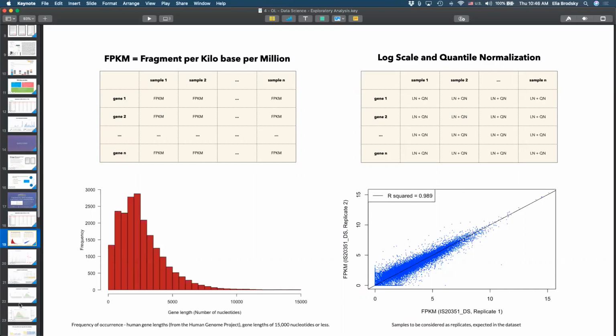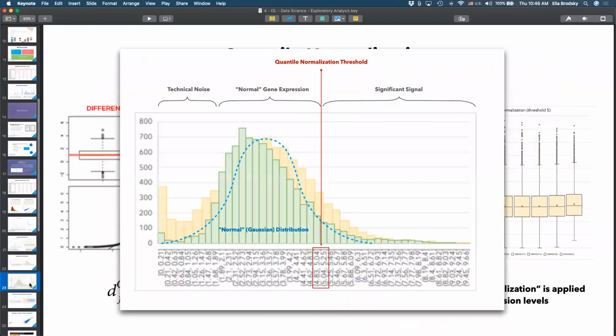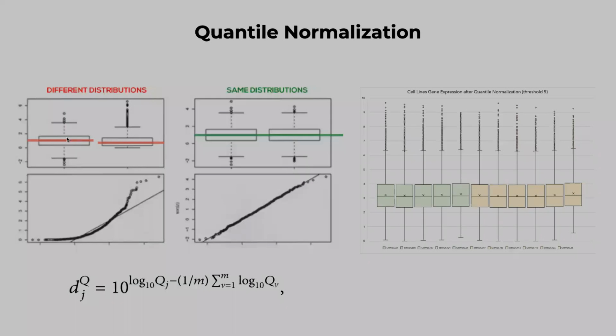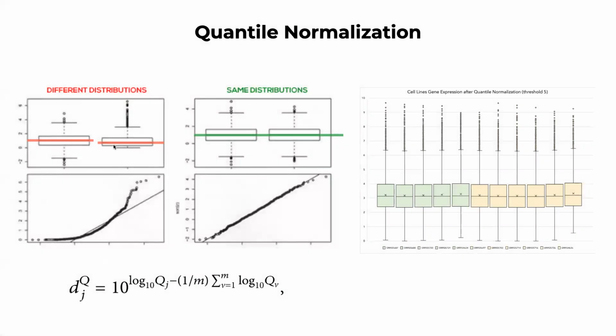So when we do quantile normalization, right here you can see different distributions and different means. As a result of quantile normalization, you will get the same mean and the same distribution without changing the values, right? So it only changes the distribution and the statistical properties of our data.